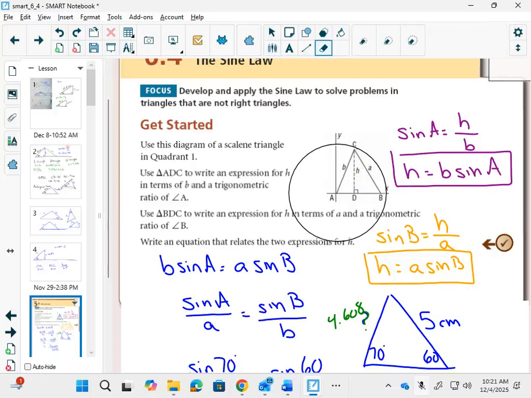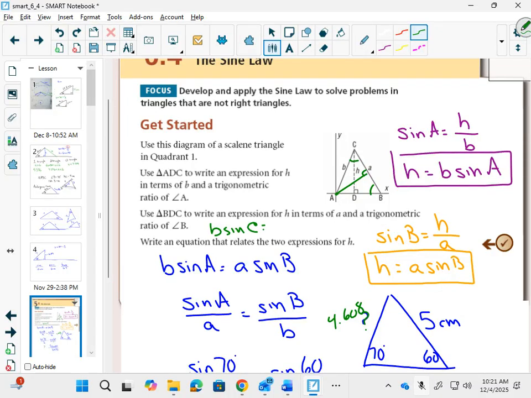I could have also decided to draw my H like this, and make a 90 degree there, and then use angle C and angle B instead of angle A and angle B. If I used angle C and angle B, this same equation would show up. I would have B sine C equals C sine B. It would work out to be exactly the same.